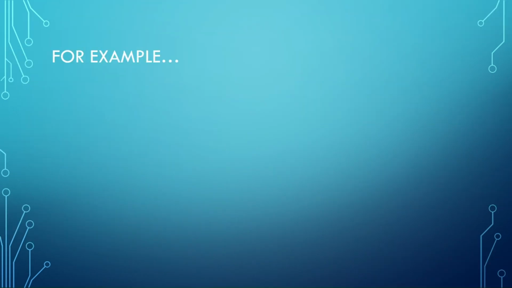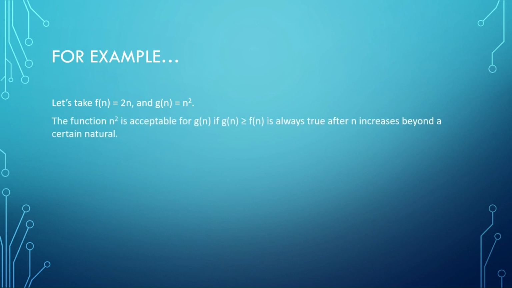So let's take an example. Let's take f of n as 2n and g of n as n squared. So the function n squared is acceptable for g of n if g of n is greater than or equal to f of n is always true after n increases beyond a certain natural. Hang on a second though.